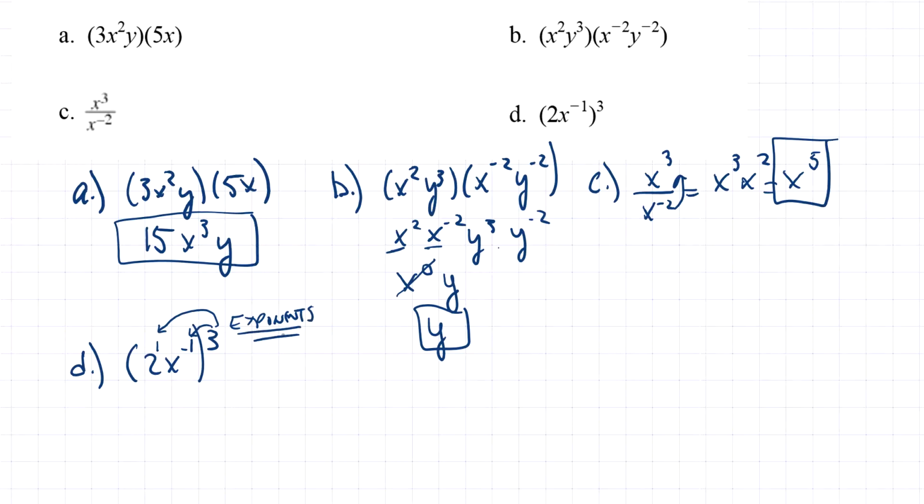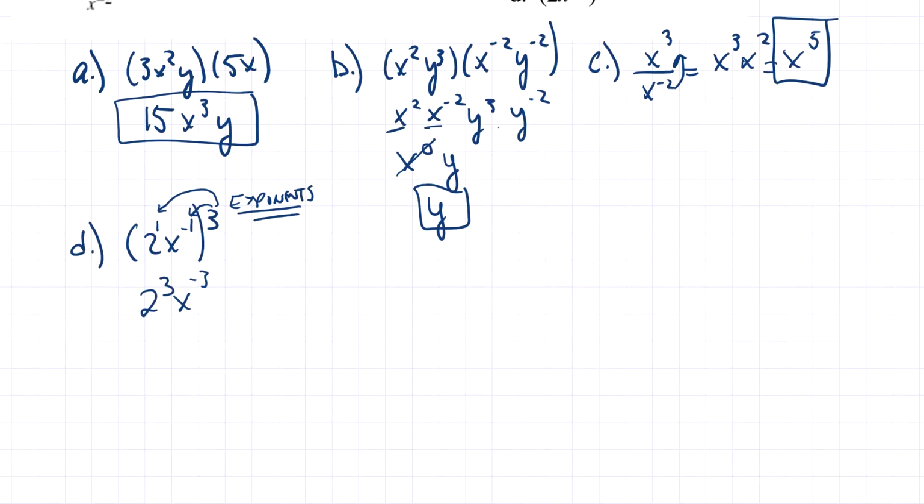And a common mistake is students will take 3 times 2, and that's totally wrong. So it's an exponent, so you can distribute to other exponents, and so you get 2 to the 3rd, and then x to the negative 3. And then we simplify it a little more, and we get 8 divided by x cubed, because we want our exponents to be positive.